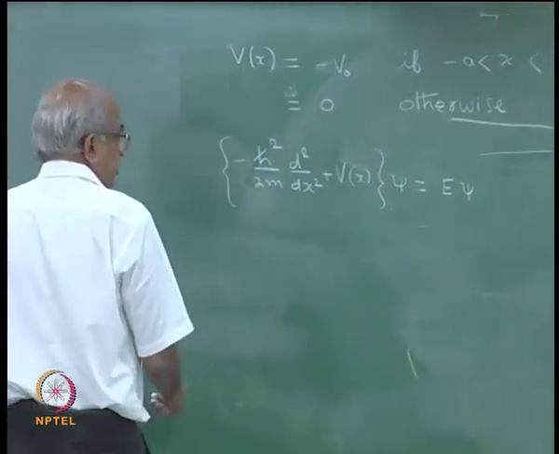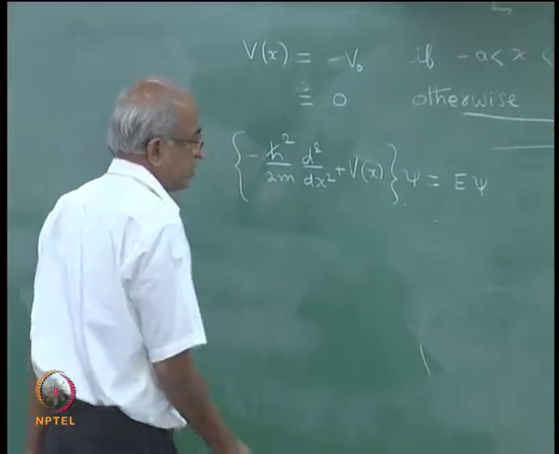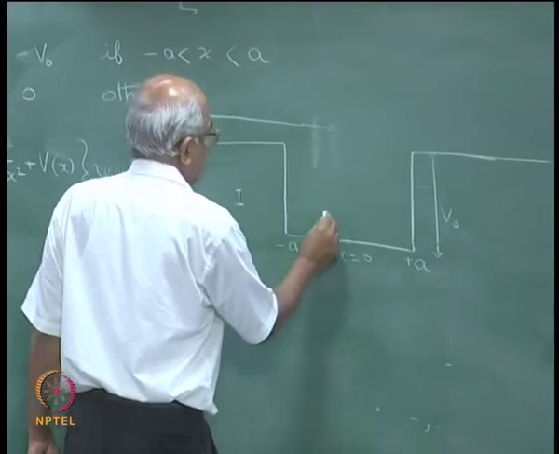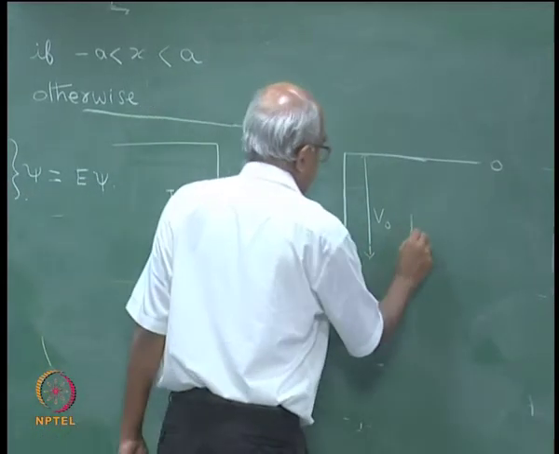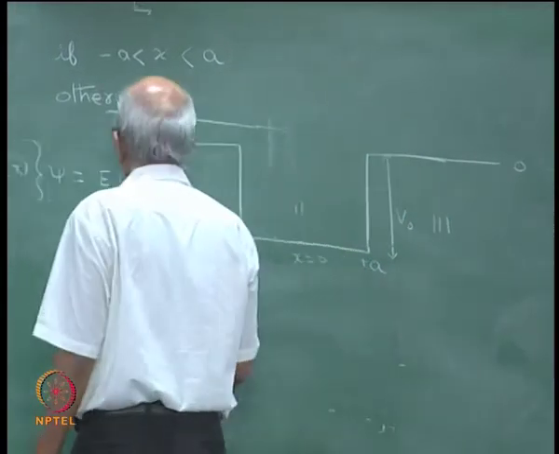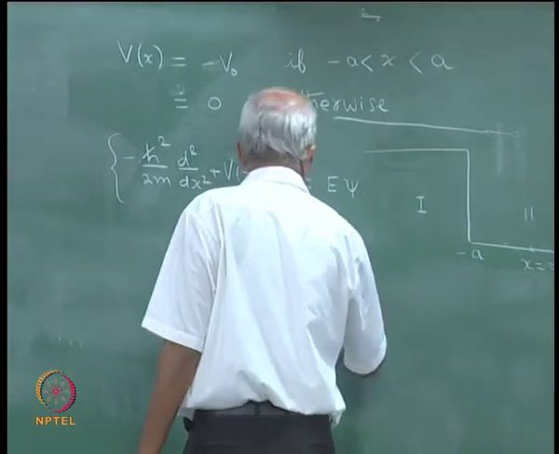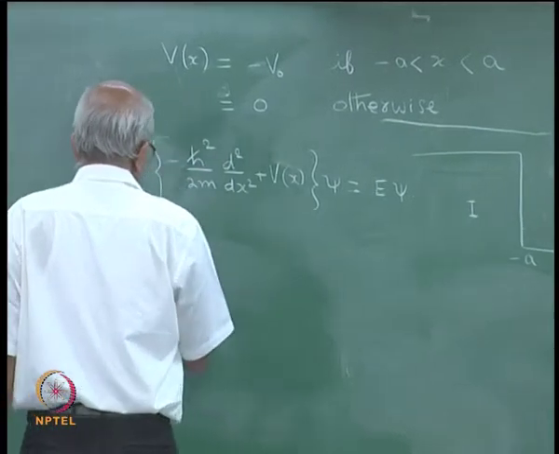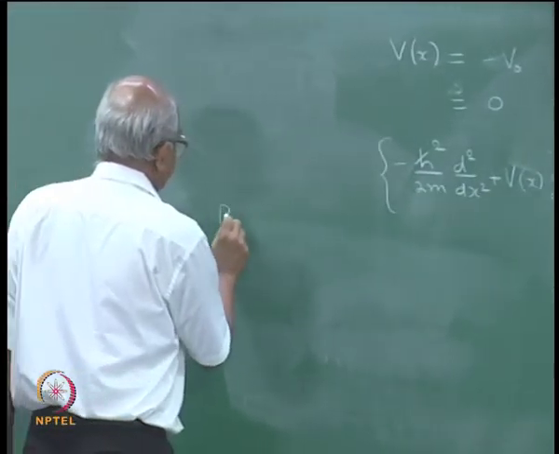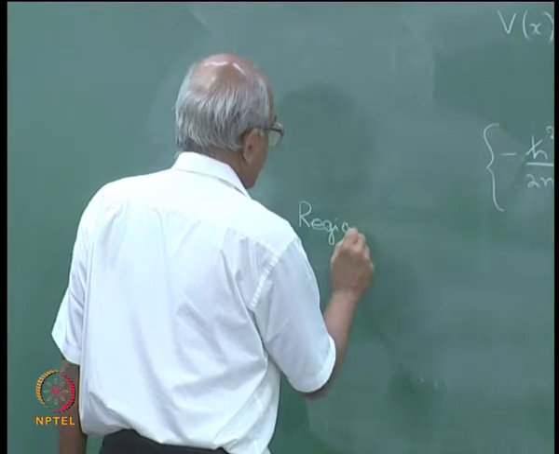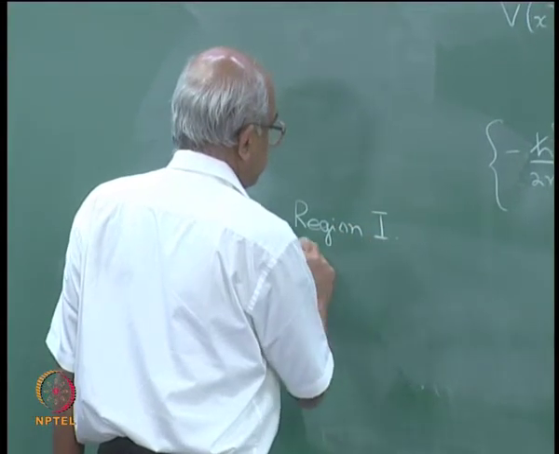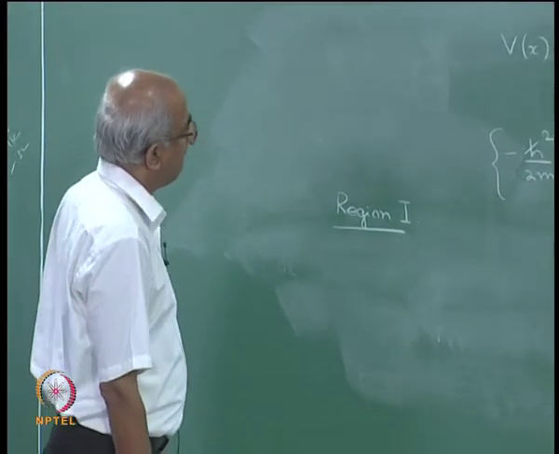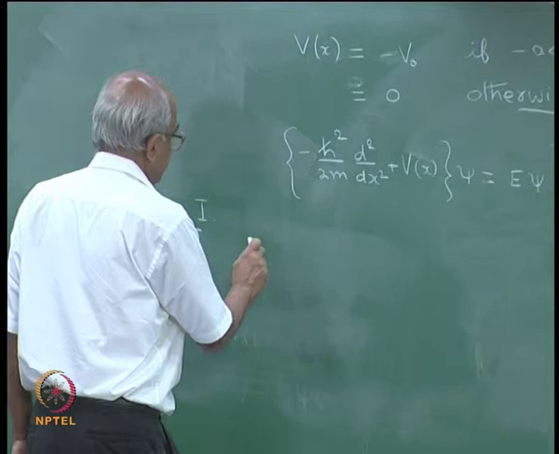Let us try to write down this differential equation in 3 different regions. This is region 1, this is region 2, and that is region 3. I will first think of region 1. In region 1, what is going to happen to this differential equation?